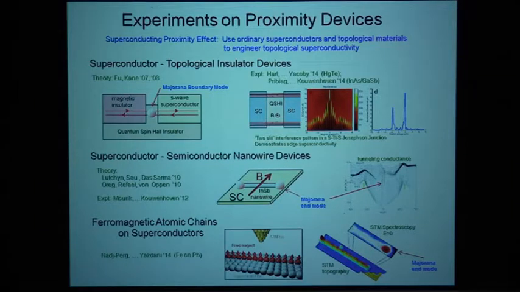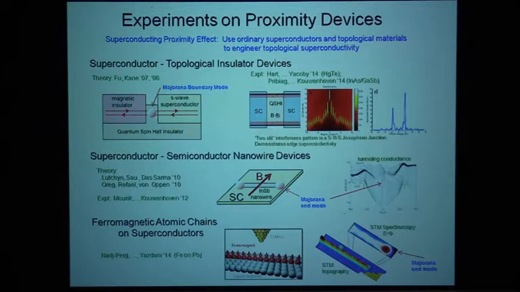So they're not at the point where they can see anything that's related to the Majoranas, though they do see something interesting by making these Josephson junctions mediated by the quantum spin Hall insulator.